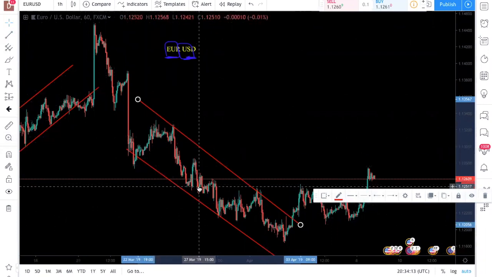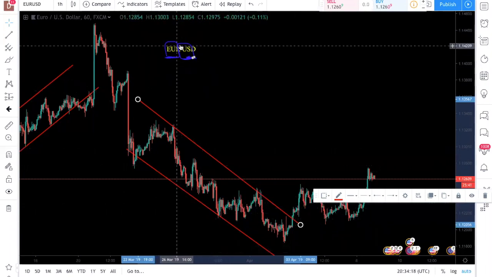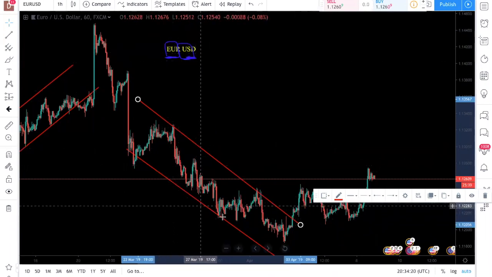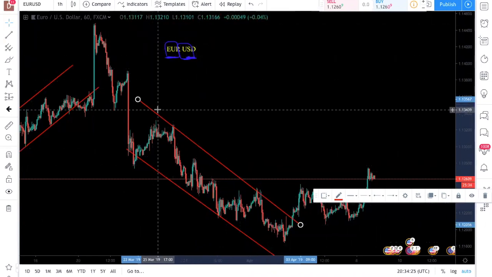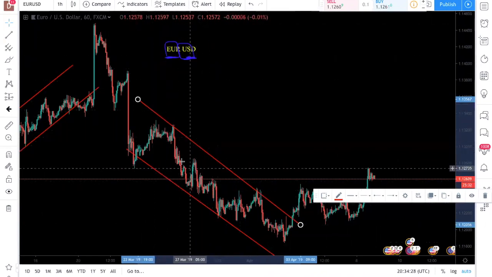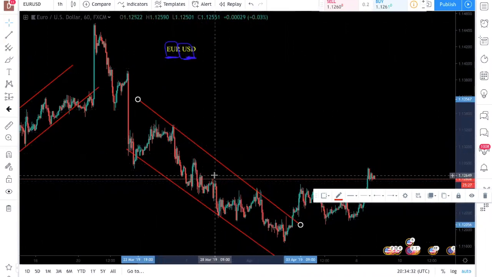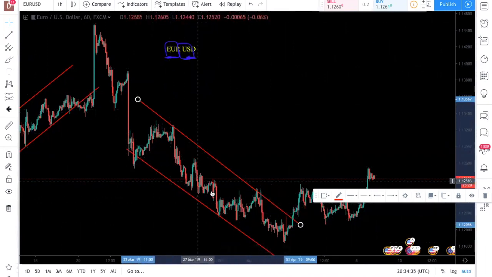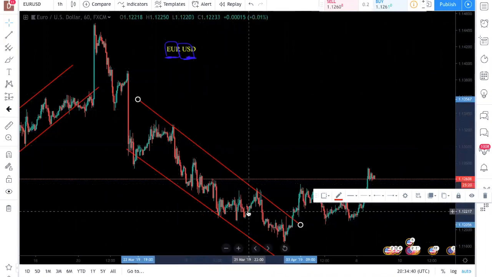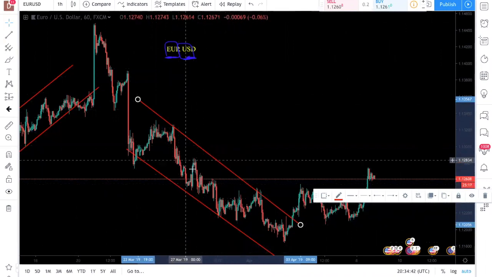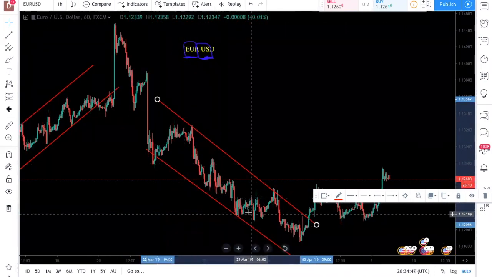This area is where the sellers took over the market and they decreased the value of the euro against the United States dollar. So essentially the economy of the United States was stronger than the European economy, which made the market go down. So the major market participants sold the euro and bought the United States dollar to make it stronger than the euro and created a downtrend. So when we have a downtrend, that lets us retail Forex traders know to sell the currency pair.